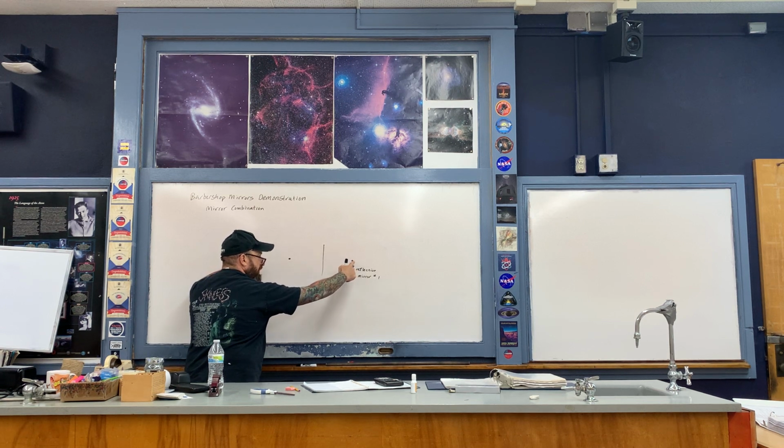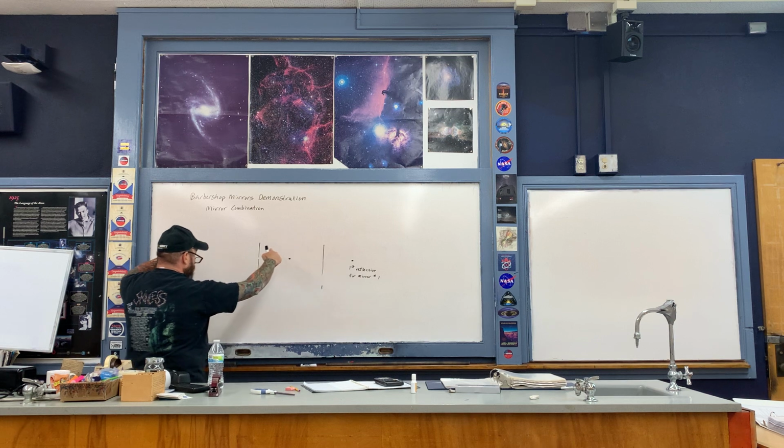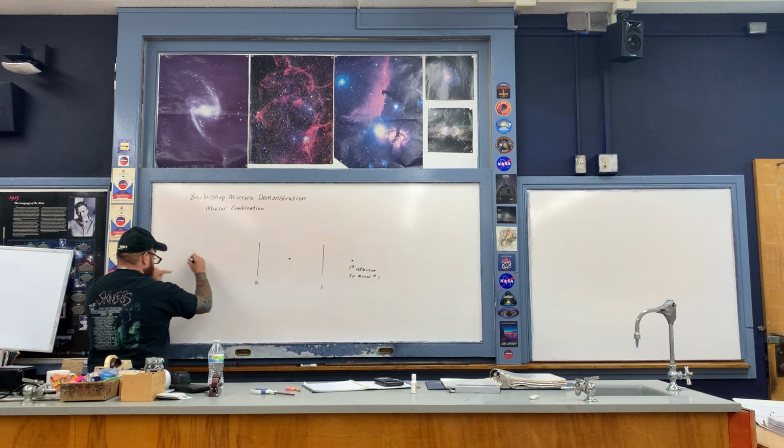So then therefore the image for the first mirror now has to be thought of as the object for the second mirror. So then therefore the image that forms for this object for the second mirror is then therefore here, like so.